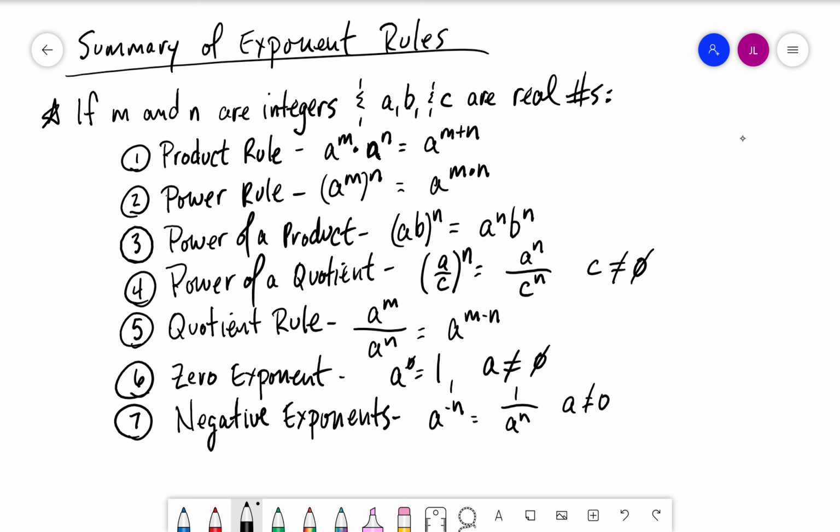We could also say 1 over a to the negative n is the same as a to the n, and again, a should not be 0 in this case. So this is a summary of the exponent rules that we've done the last few videos.